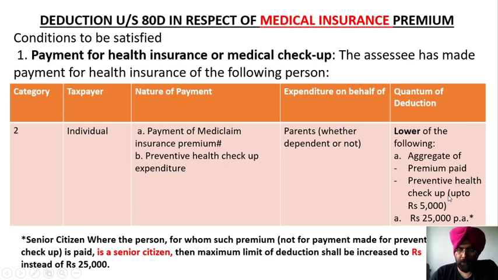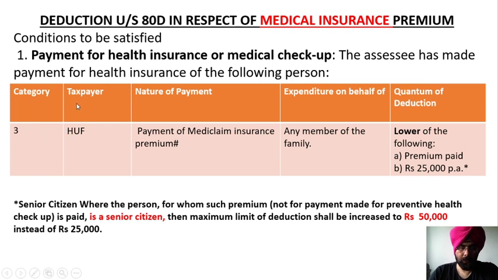Preventive health checkup is available only up to rupees 5,000, but it is included in the aggregate limit of the premium paid plus preventive health checkup, and both of them together should not exceed 25,000. If they are senior citizens, then the maximum is rupees 50,000.